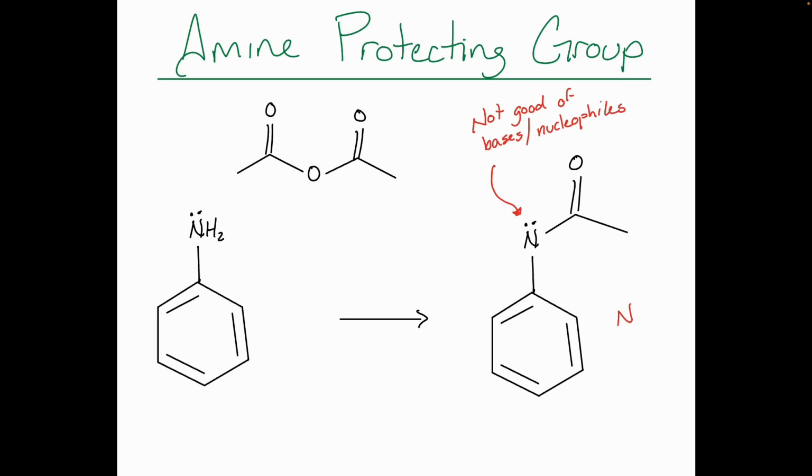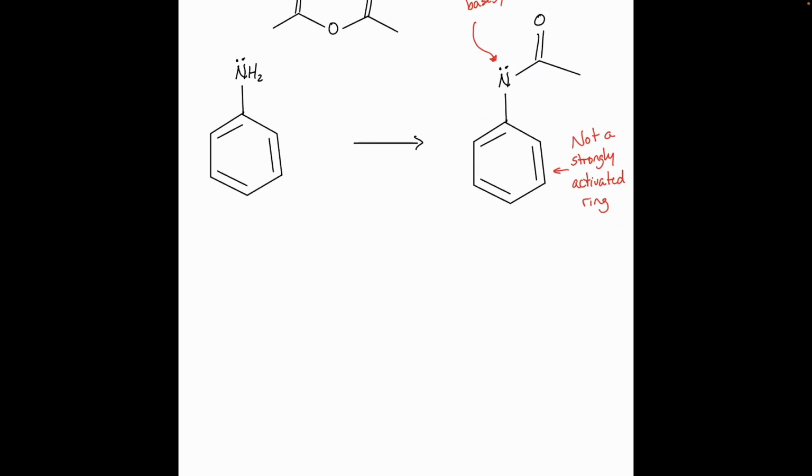And importantly, this is not a strongly activated ring. So if we take this guy and we do one of those electrophilic aromatic substitution reactions, we're just going to keep our same conditions before.